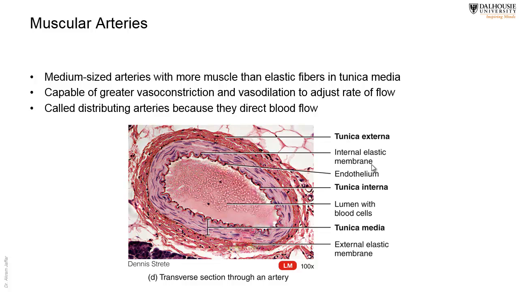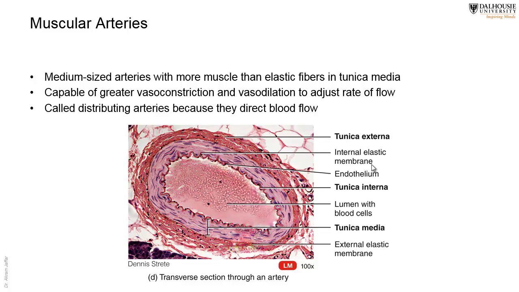There are some elastic fibers. You can see here some elastic fibers which are in the form of an elastic lamina, and there's another elastic lamina at the other boundary. So at the boundary between tunica media and tunica intima there is a layer of elastic fibers, and at the boundary between the tunica media and the tunica externa there is another elastic lamina.